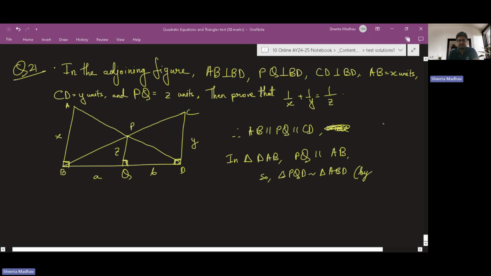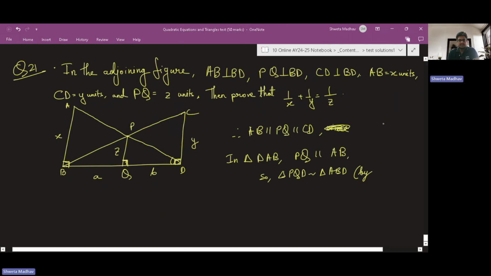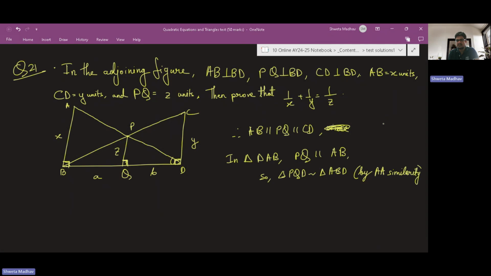Since why? Angle PDQ is the common angle, angle PDQ is equal to angle ADB, and these two angles are equal. So by angle similarity criterion, triangle PQD is similar to triangle ADB.